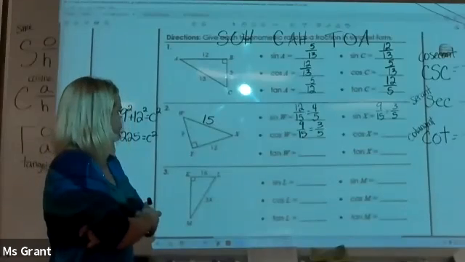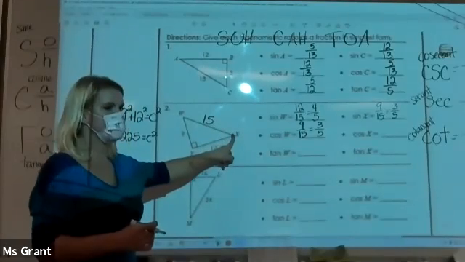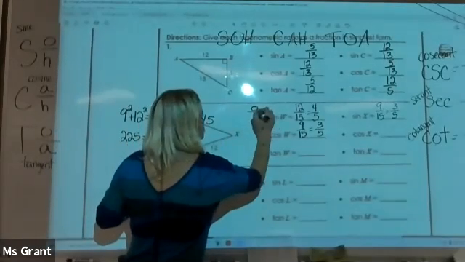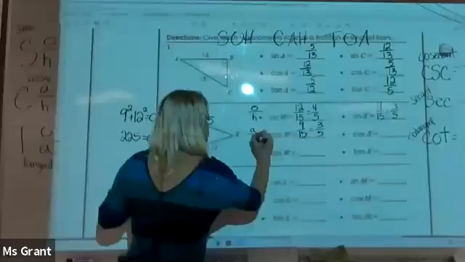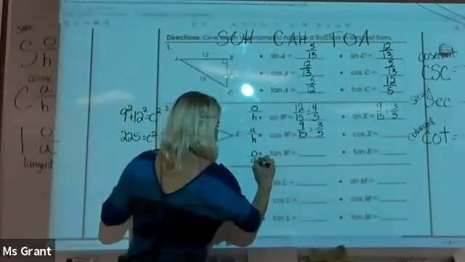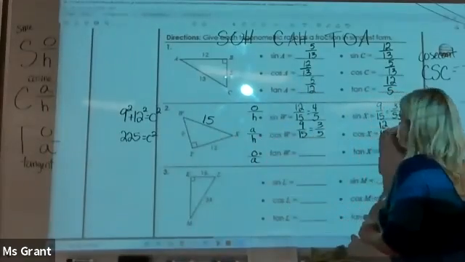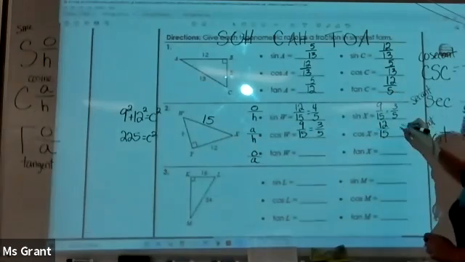Cosine of x. Adjacent over hypotenuse. 12 over 15? 12 over 15 is correct. 4/5.